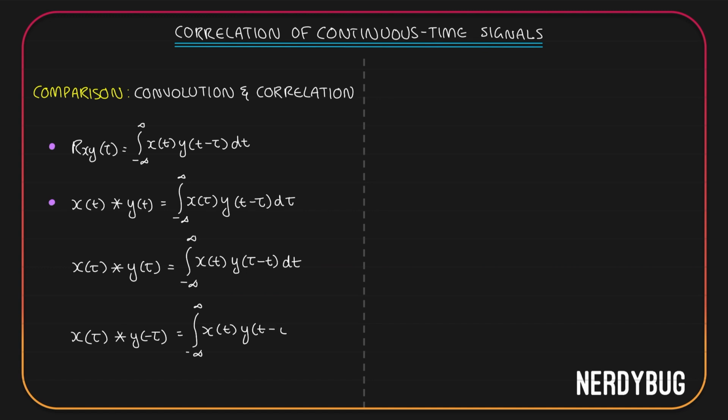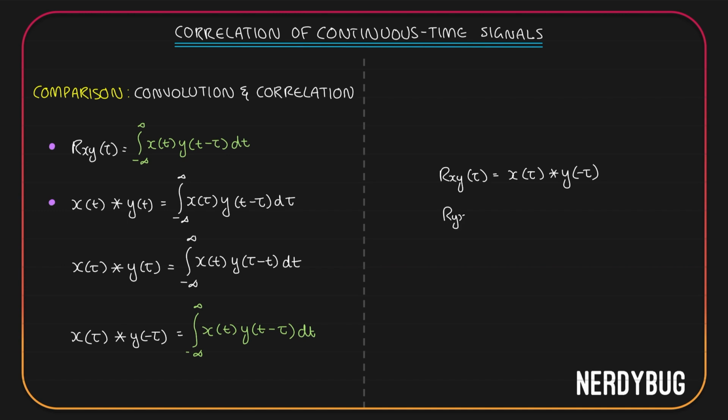So y of t minus tau dt. But this is exactly the same as Rxy of tau. So I can write a relation: Rxy of tau is nothing but the convolution of x of tau and y of minus tau.